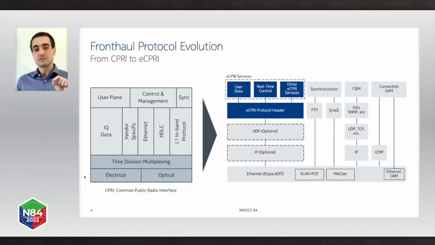Because the CPRI protocol does not vary with usage, or it only varies, better said, with the number of antenna elements that you have there, and with the spectrum, the frequency band that the radio is operating, when we look at evolving that radio to 5G, that protocol would become cost prohibitive, just because we have more bands in the radio itself, and also a lot more antennas with MIMO.